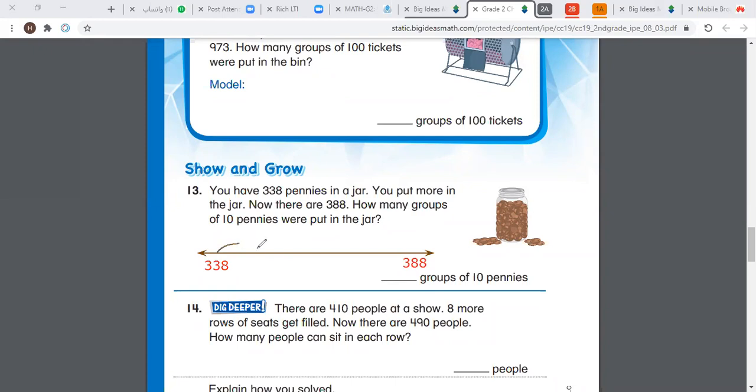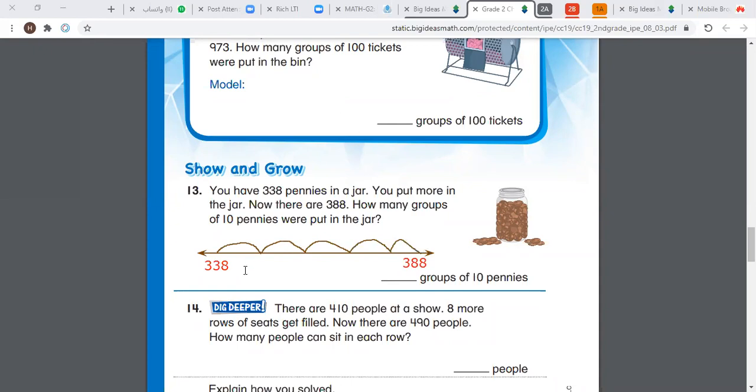Let's count how many groups to 388. 338 and 10 equals 348. After that, 358, 368, 378, 388.